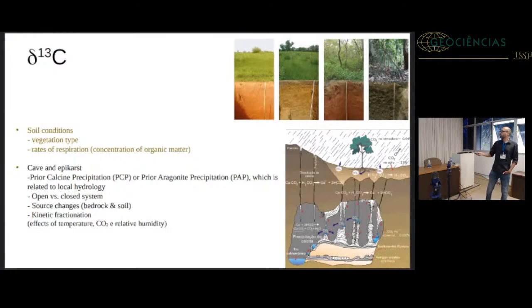We can have an open-closed system like Max explained yesterday. You can have different sources, different soils, and limestone with different isotopic composition of δ13C. Then you have kinetic fractionation that happens during the precipitation of your stalagmite. Everything here will be affecting the δ13C values in the stalagmites at the end.